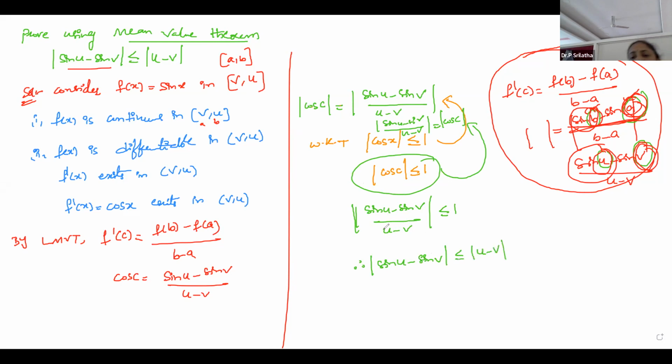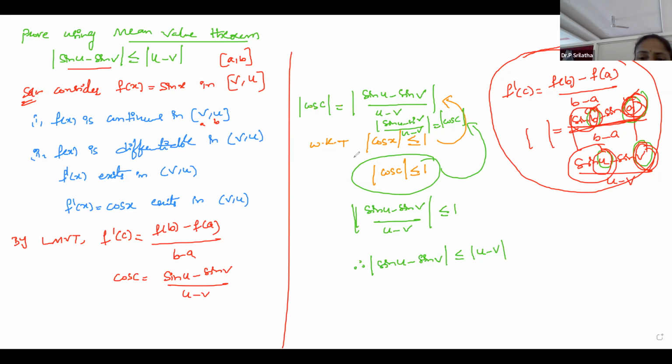Otherwise, you can write one more step. Modulus of sin u minus sin v divided by modulus of u minus v is less than or equal to 1. After that, you can write therefore modulus of sin u minus sin v less than or equal to modulus of u minus v. Okay. So the main important thing is this condition.